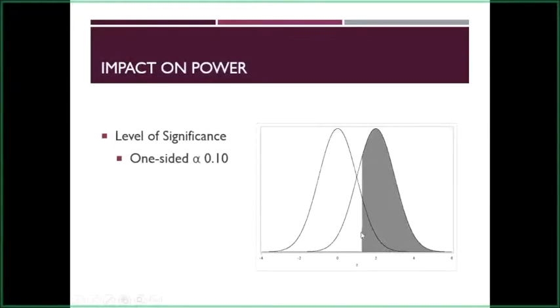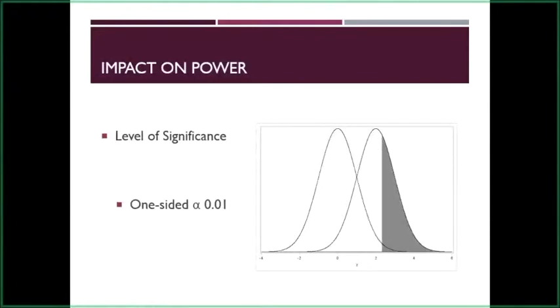But if we extend that shaded region to cover what we would expect under the alternative, that shaded region under the alternative can be thought of as the power. And again, when we reduce the level of significance, we reduce the rejection region under the null hypothesis, you can see that the shaded region under the alternative decreases as well. Okay, so that is impacting our power. So it's something we need to think about up front.